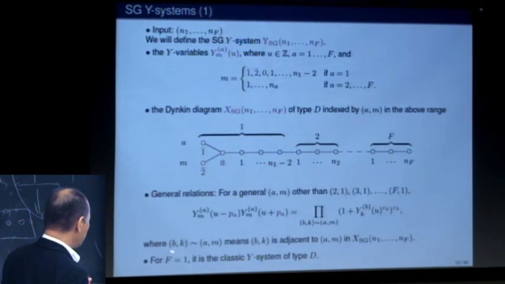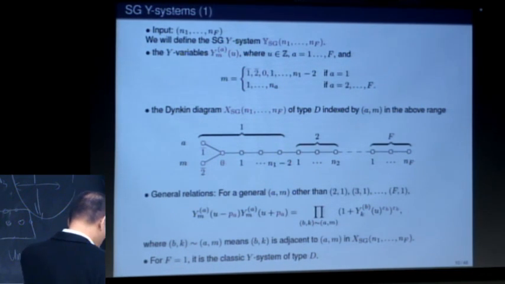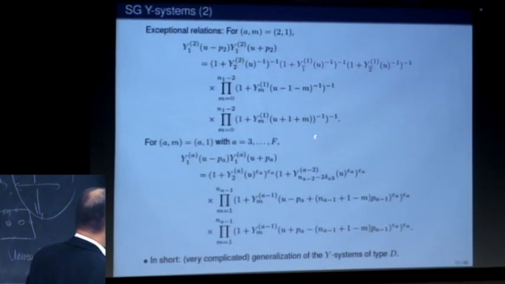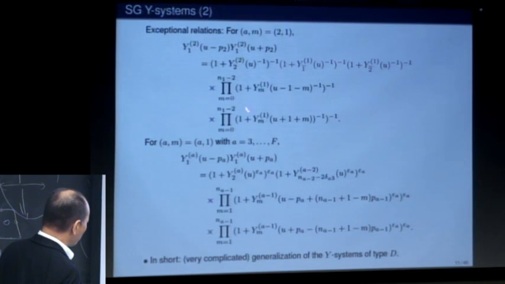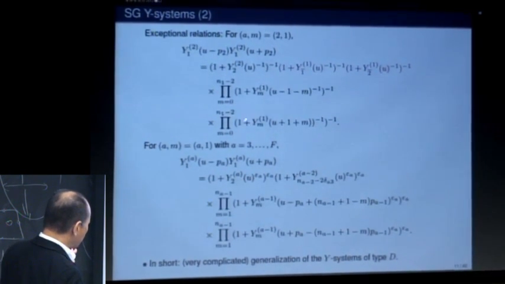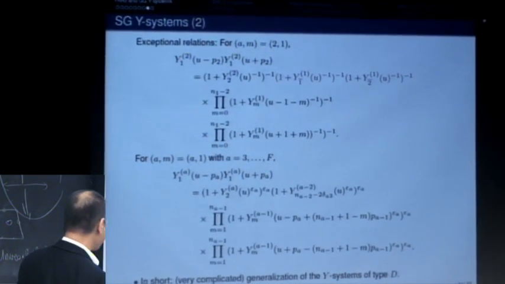It means if there's only one generation, then it is the classic Y system of type D, originally introduced by Alyosha Zamolodchikov. And so this is an exceptional relation, and we add some term here. And here it is exactly the same form as in the type A case. Again, we extend from not 1 but 0, but it doesn't change the situation so much.